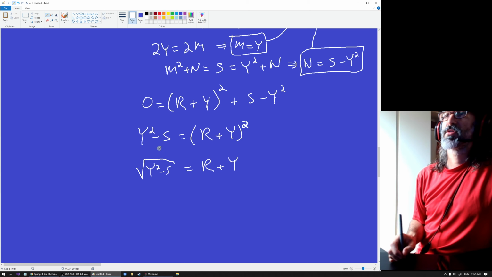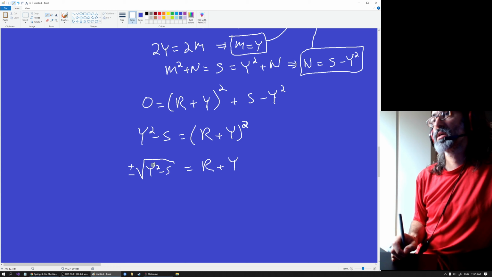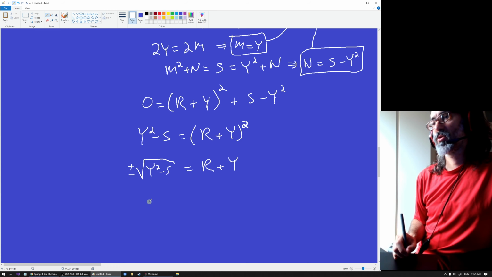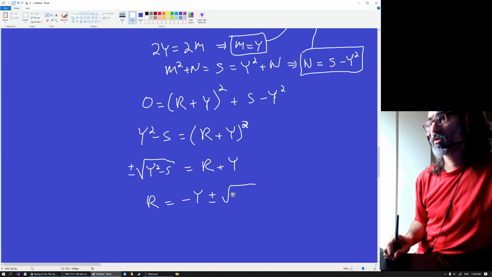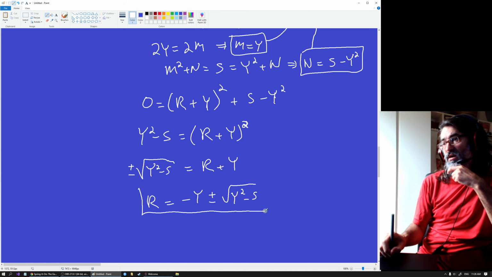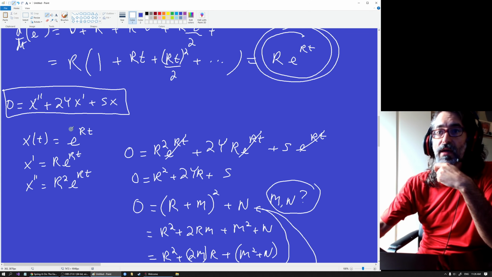But there are 2 solutions, plus or minus, because minus this, when you square it, is going to do the same thing. So r equals, I'm going to bring the y to the other side, so minus y plus or minus square root of y squared minus s. So that's where we end up. That's our r, we solved for it, and our goal is now to plug it in here. So that's our solution, we have it.